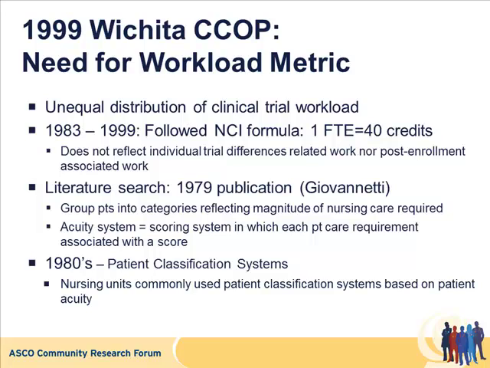We began looking at this back in 1999 officially. Back then, we kind of tracked numbers of patients per nurse, but not on a real regular basis. But we did begin to see that some nurses who were taking care of acute leukemia patients were a lot busier than the nurses that had a majority of adjuvant breast cancer patients.